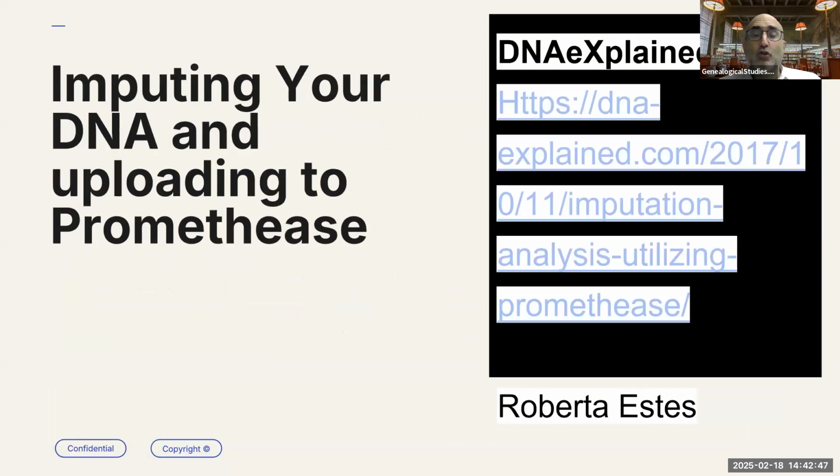So you have to make sure you have enough room on your hard drive or wherever you're downloading it to. And then you can take your imputed DNA, upload it to Prometheus, and get a report based on your whole DNA. Now, a lovely article about this, imputing your DNA and uploading to Prometheus, is on Roberta Estes' wonderful blog, DNA Explained.